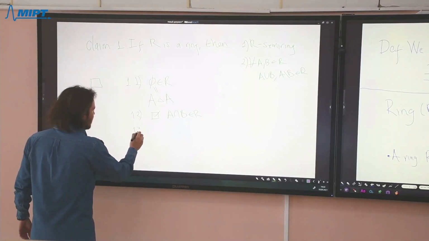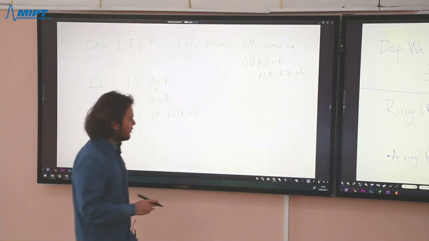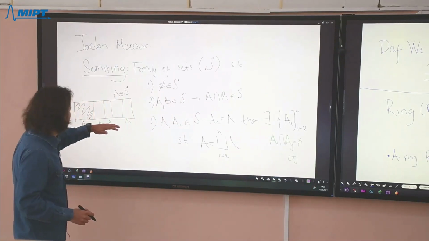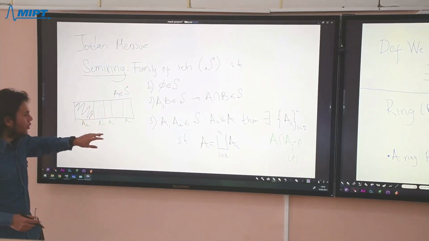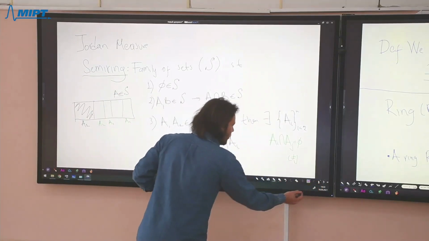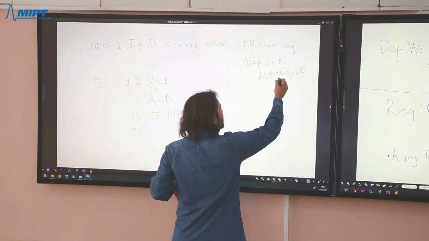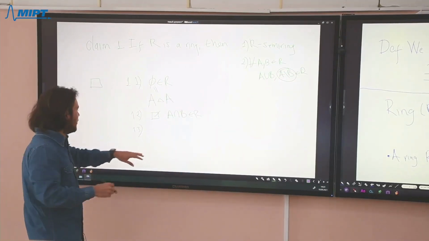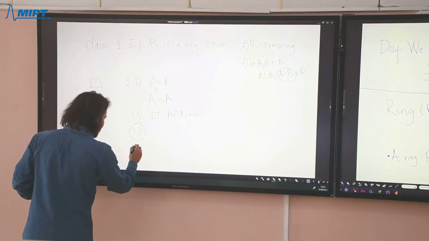And finally, we need to prove that we can always find this complement, this set here, which gives us A. The disjunctive union gives us A. So first of all, let me prove this one. And using this one, we can prove this one, right?